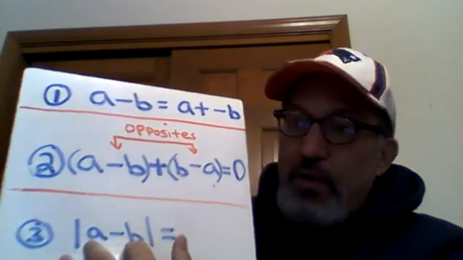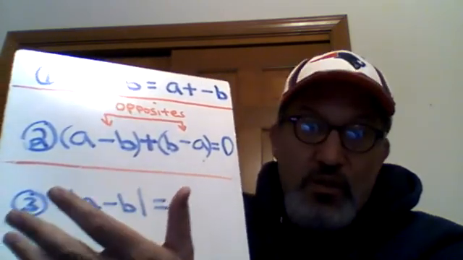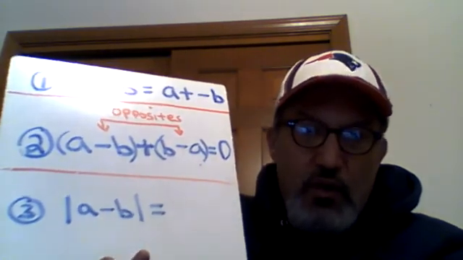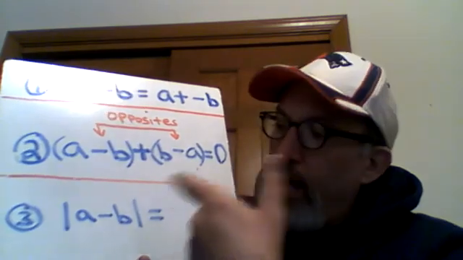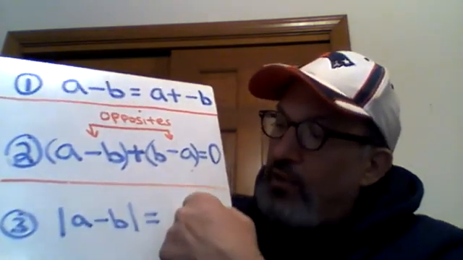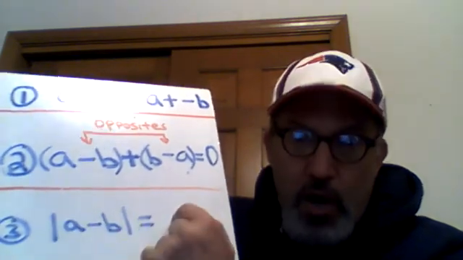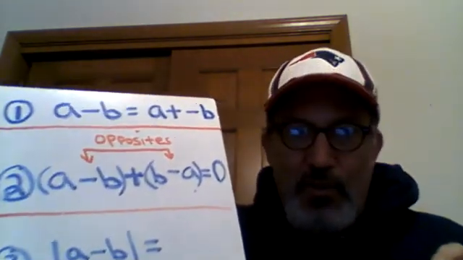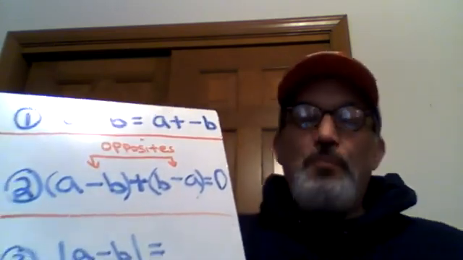Now, if the A and B happen to be the same number here, which they could be, then A minus B would be 0 and the absolute value of 0 is 0. But if A and B are not equal to each other, then you're going to get a positive result because the absolute value of any non-zero number is positive. And distance is positive. Absolute value is distance from 0.